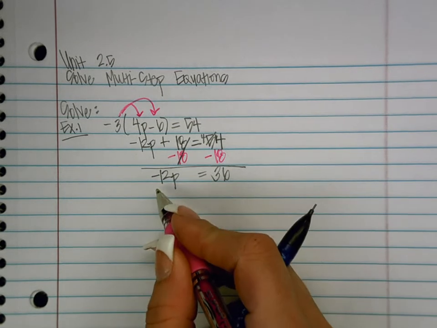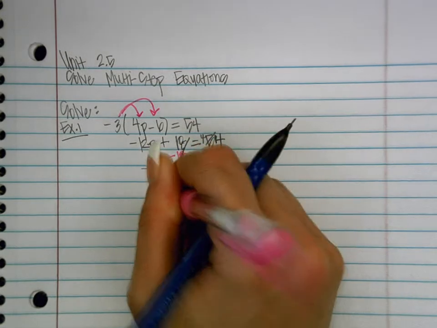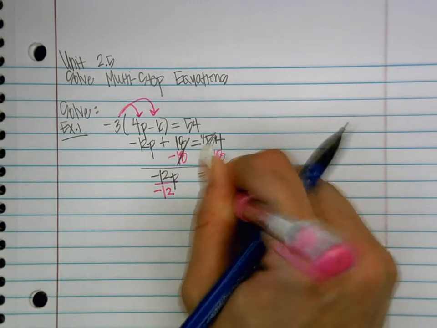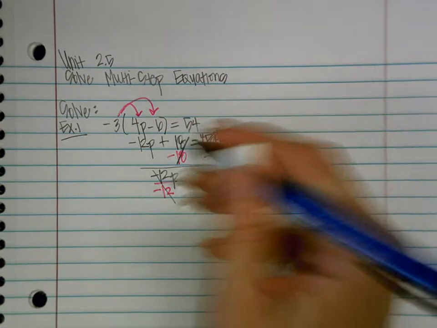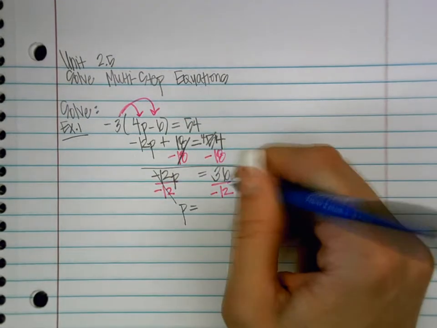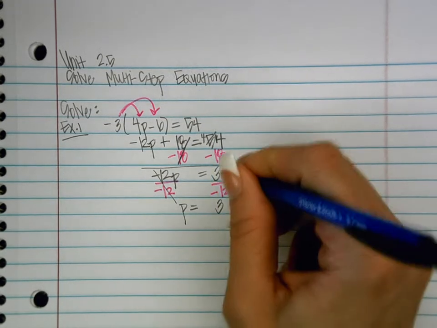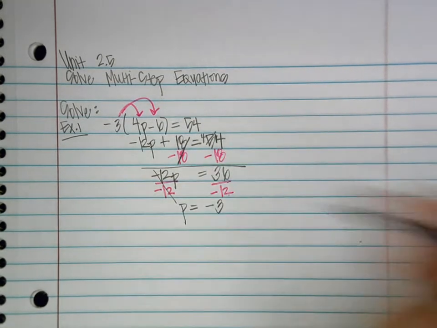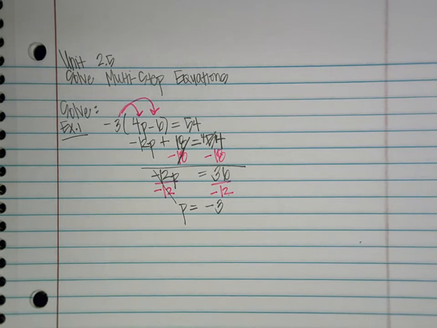Remember, this negative is attached by multiplication. So we're going to divide both sides by -12. That's okay if you have to divide by a negative. These will go away. We got p equals, what's 36 divided by 12? 3. And since there's one negative, it stays with the problem. So p equals -3.